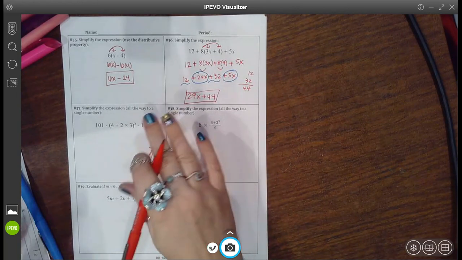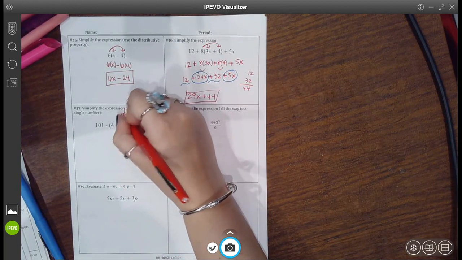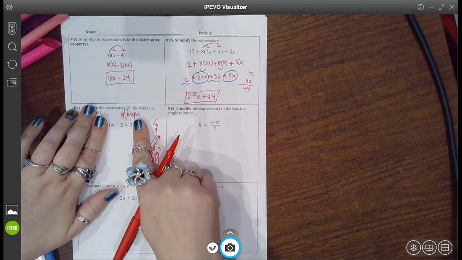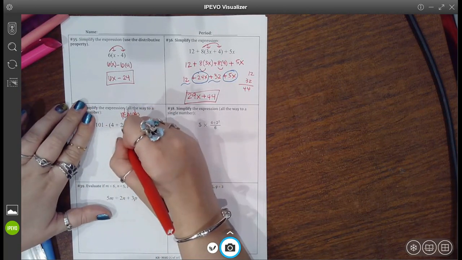Inside of parentheses first, remember PEMDAS. So parentheses first, and within the parentheses, you still follow the order of operations. So do you add or multiply first? You multiply or divide first. So 2 times 3 is 6.